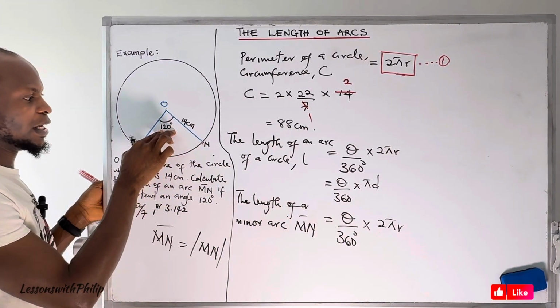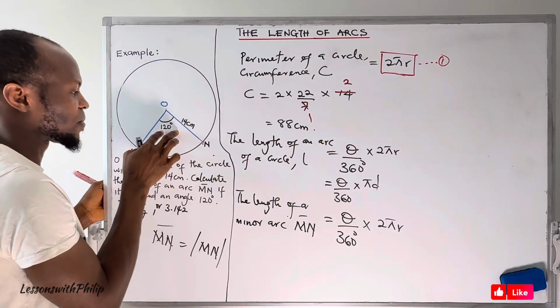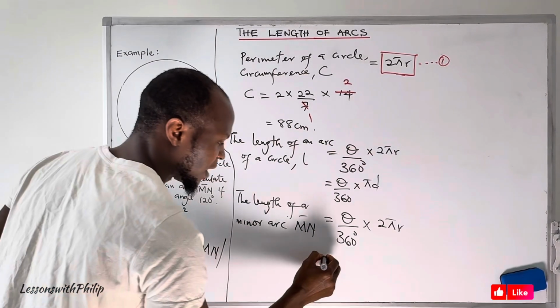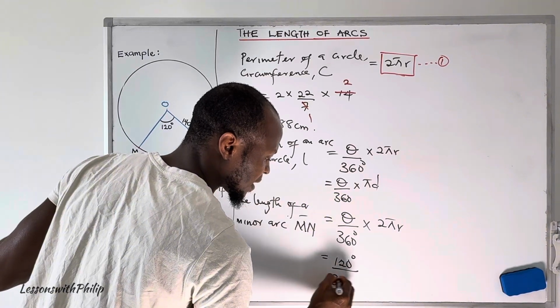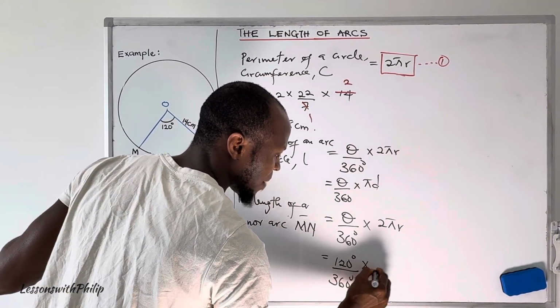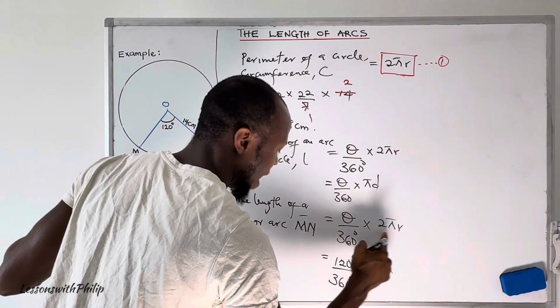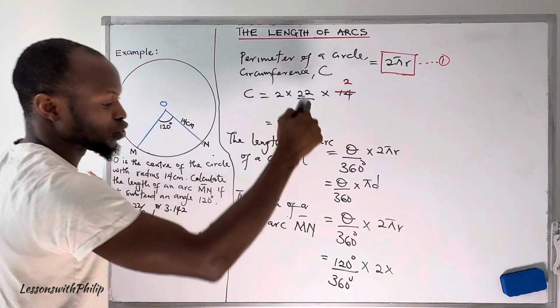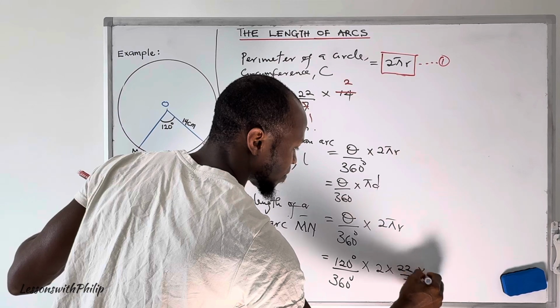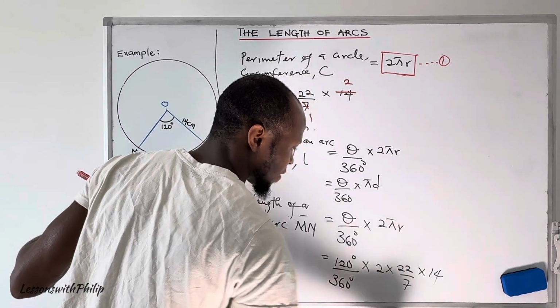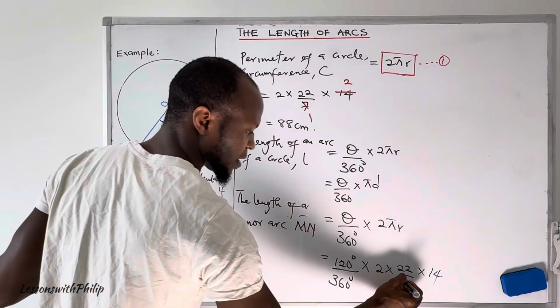The theta is the angle that the arc subtends, which is 120 degrees. And this will be 120 degrees divided by 360 degrees multiplied by 2 times my pi. Since I use 22 over 7 here, this 22 over 7 multiplied by my radius, which is 14 centimeters.